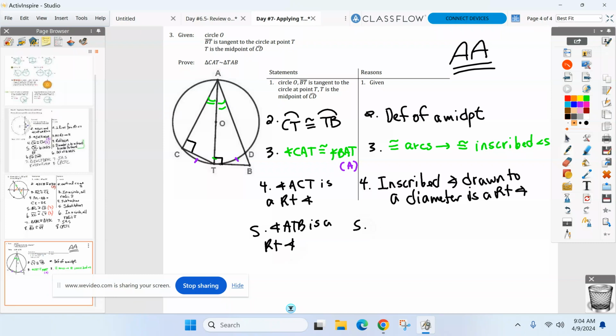We did this theorem. Dylan, what's perpendicular? Everyone ready? Radius drawn to, what's point T called again? Point of tangency. So radius drawn to point of tangency is a right angle.